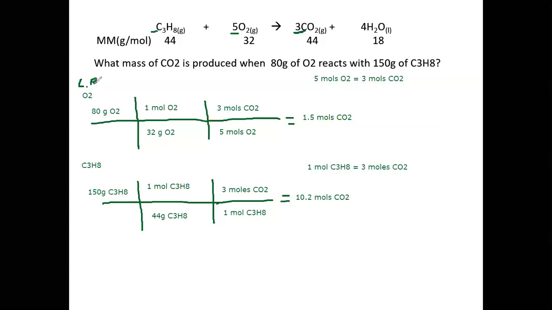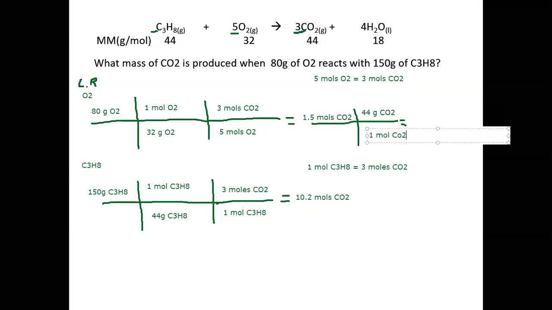So now we're going to take the moles of product produced by oxygen and convert it to mass. And so this is the theoretical yield of CO2.